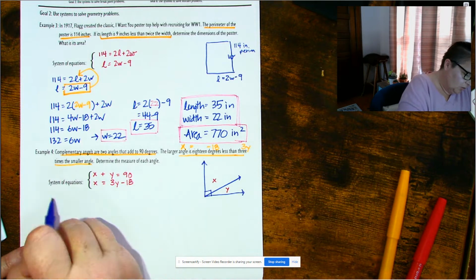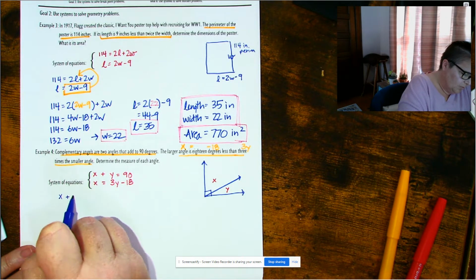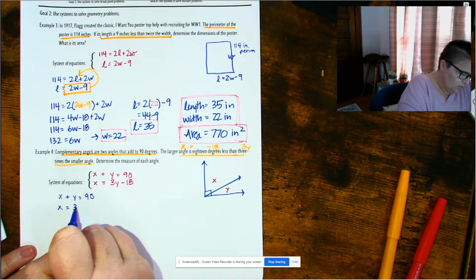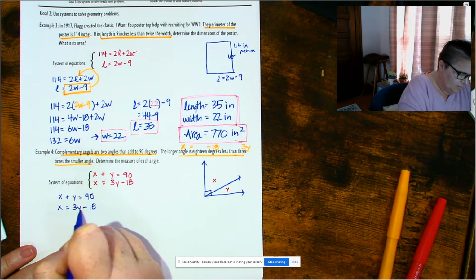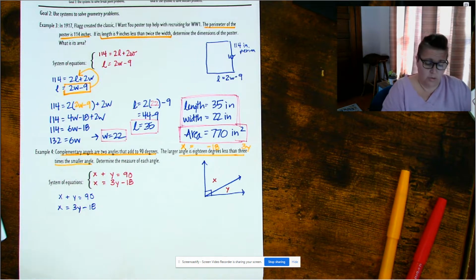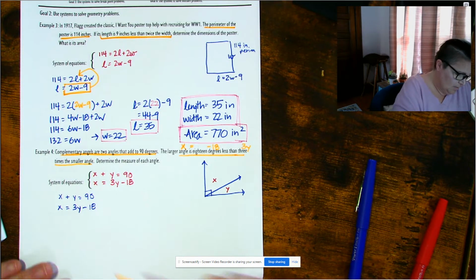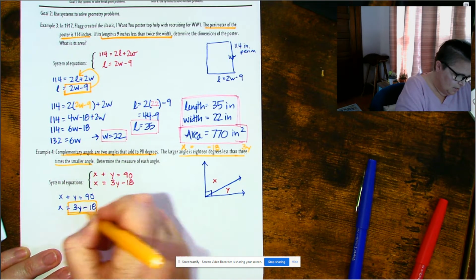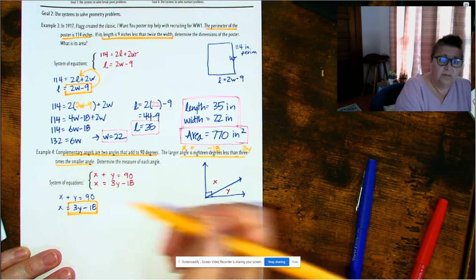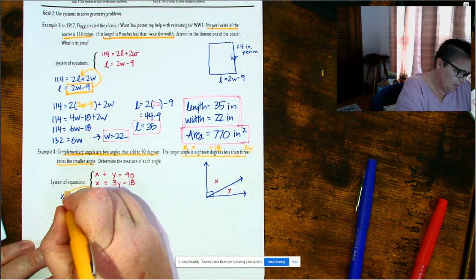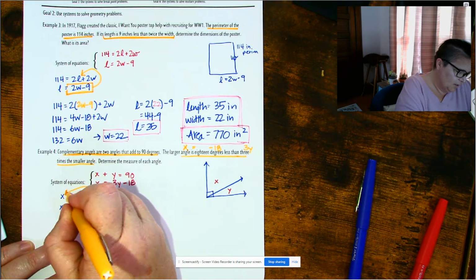And then I'm going to look at these two. X plus y is equal to 90. X is equal to 3y minus 18. I could solve this system using either elimination or substitution, but because this x is clearly solved for again, I'm going to go ahead and use substitution. I'm going to put all of this that's in the yellow box in for the x in the other equation.